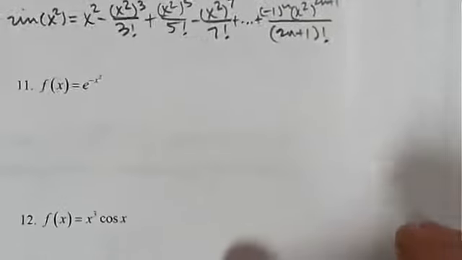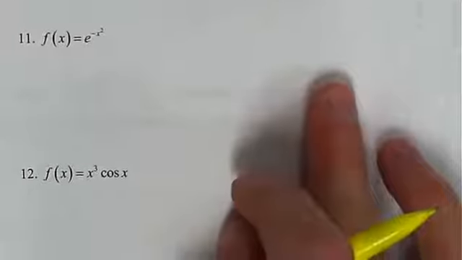All right, we're closing in on the end of this front side. It's been kind of a grind. f of x equals e to the negative x squared. So I start with e to the x.